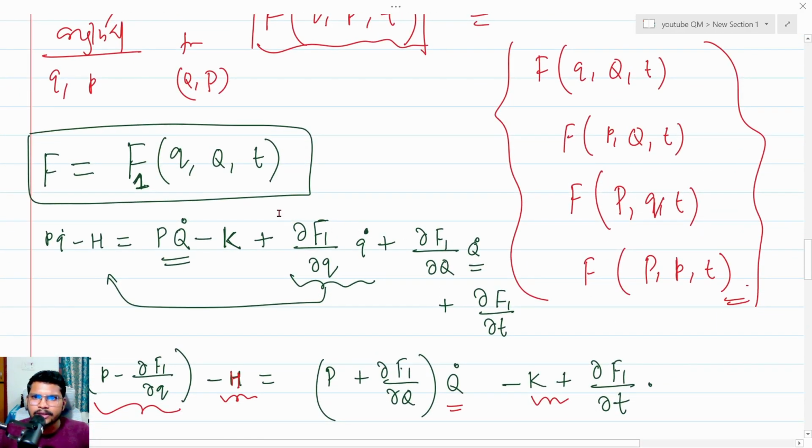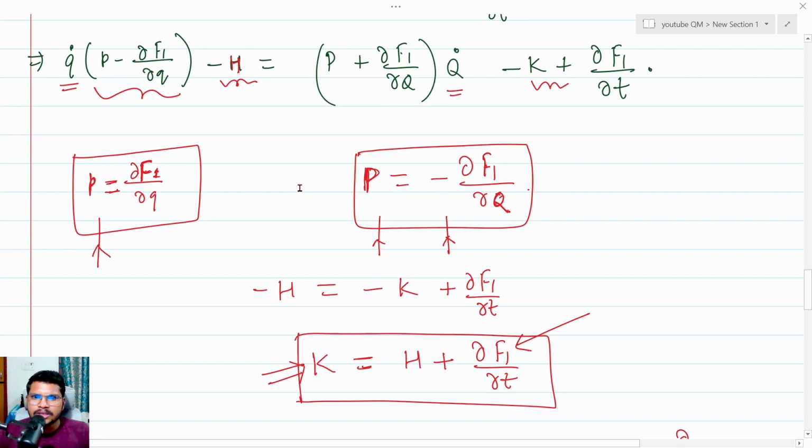Let me just see over here, Q and T. Now you see, with this relationship I will get P and capital P, right? So let's say that if this is a generating function, then I can easily find out what is the momentum. So this P is over here.